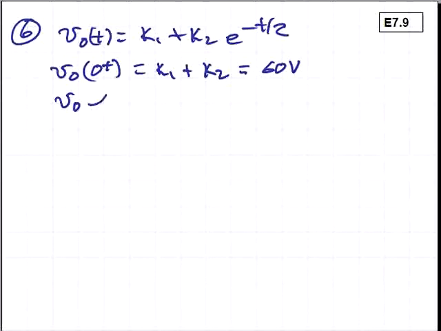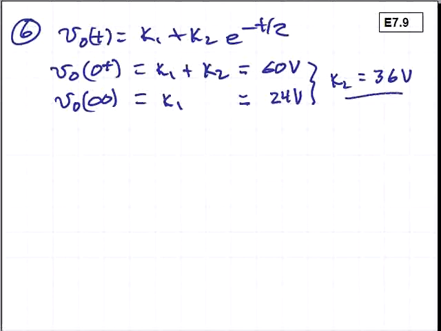And VO, as time goes to infinity, is just equal to the K1 coefficient, and we determined that was 24 volts. And we can solve this for the K2 coefficient being 36 volts.